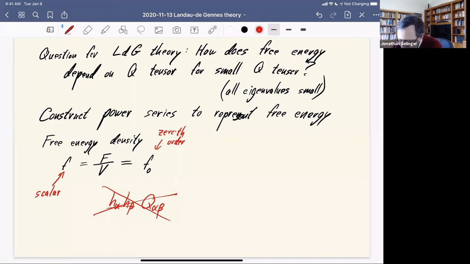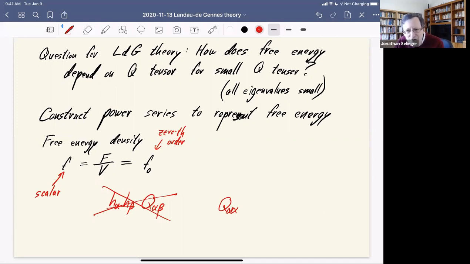What else could we do? Well, we could contract the two indices with each other to say Q alpha alpha, right? The good news about doing that is that, yes, it has all the right symmetries. It is a scalar, right? And it is totally allowed in the free energy.